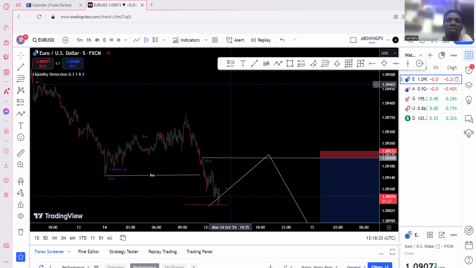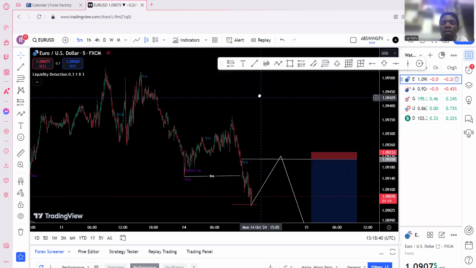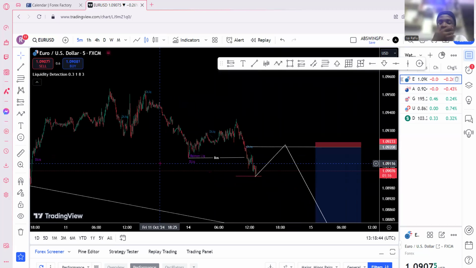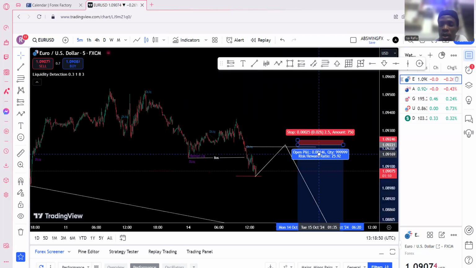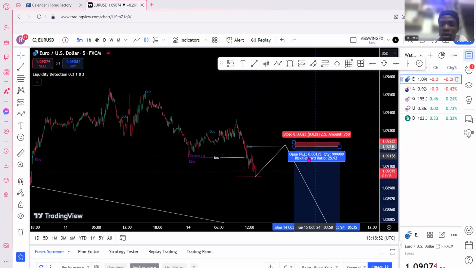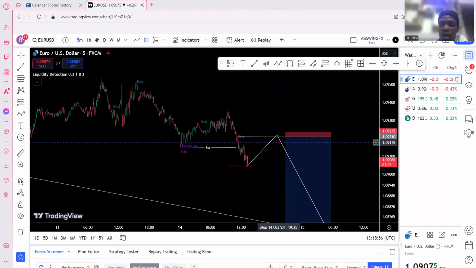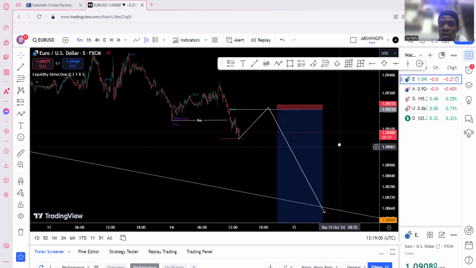So easy as that. Therefore, I will position myself down, pick the liquidity and come inside, and open the trade.